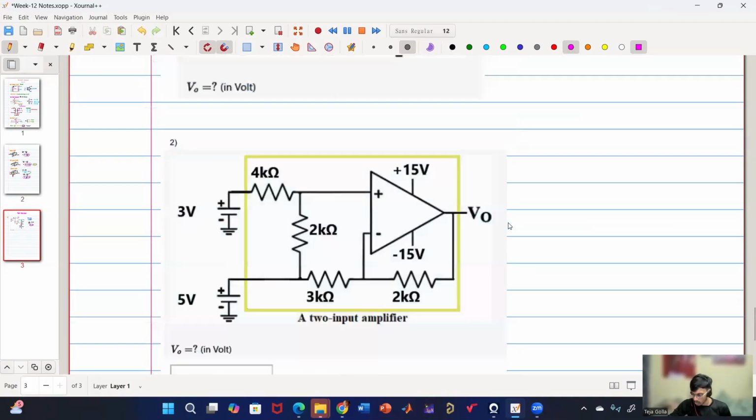So this is our question 2. So any thoughts on how we are going to solve this, or what we can do? No ideas?